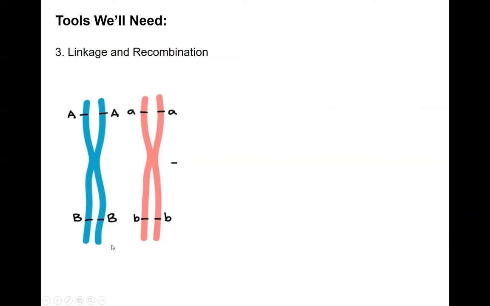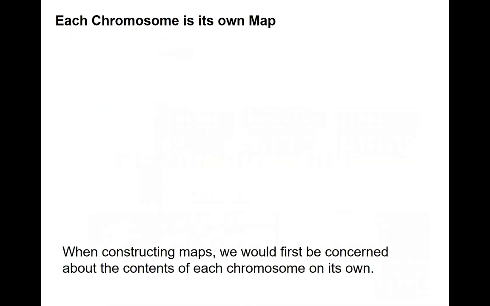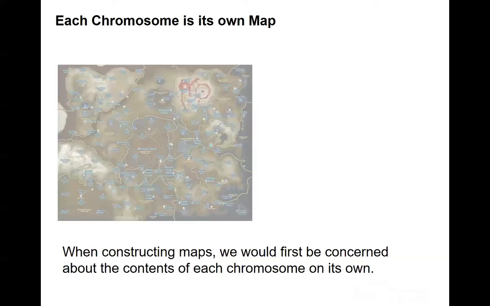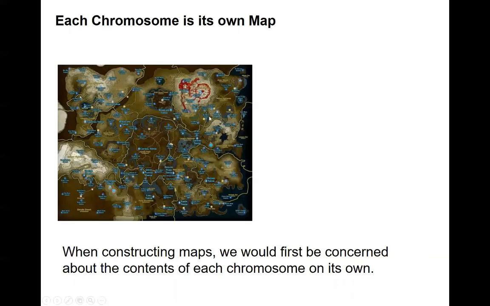So in terms of placing these on the physical maps, we're going to be worried about mapping on one chromosome at a time, so constructing these maps. So to relate this back to our Hyrule map example, we're concerned about, again, each chromosome by itself. So if you think about chromosome 1, this is going to be our map of Hyrule. Again, we're going to have our Cuckoo Prairie somewhere over here, Hyrule Castle here.